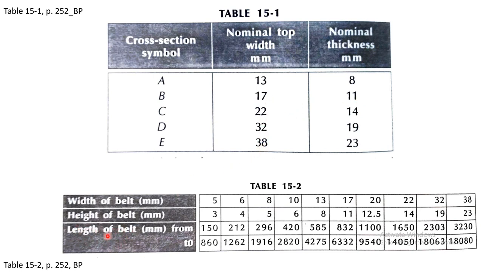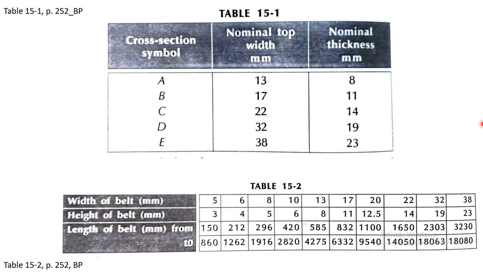Also, we have specifications for the length of the belt. For example, 5.3: width of the belt 5, height of the belt 3, we can get in this kind of length range. So these are the specified dimensions of the belt which we can buy easily.